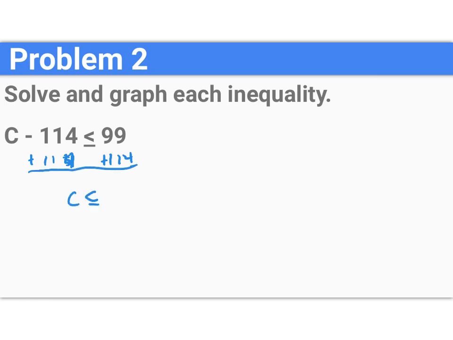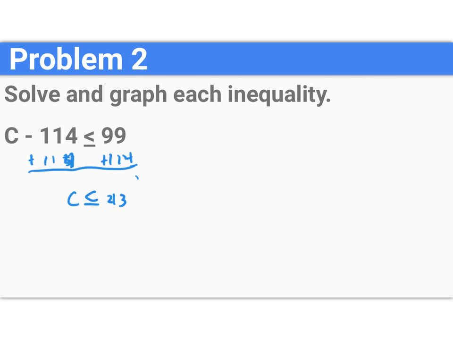C is less than or equal to, 9 and 4 make 13. 2, 13. 9 and 4 make 13. 1 plus 9 plus 1 is 11. I carry that over to get 213. Let me write this a little neater.